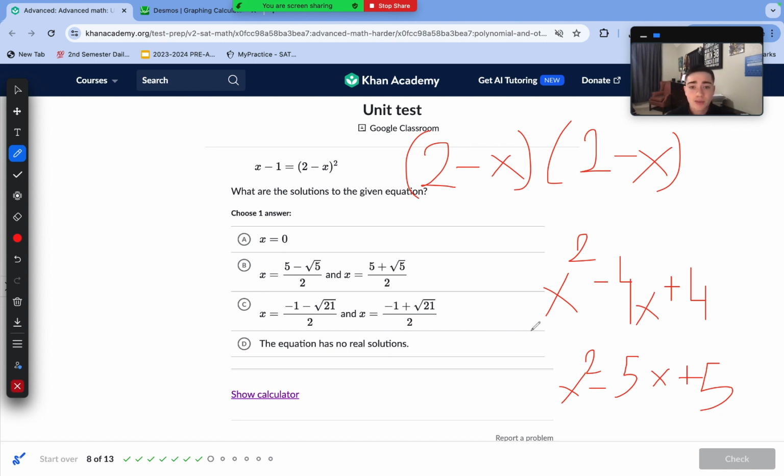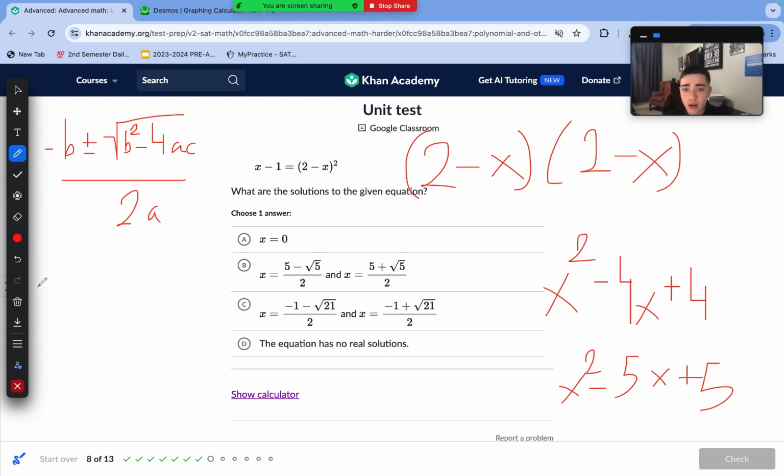At this stage, we need to go ahead and use the quadratic formula in order to solve for the solutions here. So let's go ahead and do that. Now, the quadratic formula, we should have this memorized. I don't believe it's on our SAT reference sheet. Negative b plus or minus the square root of b squared minus 4ac over 2a. So you can see here that a equals 1, b equals negative 5, and c equals 5.